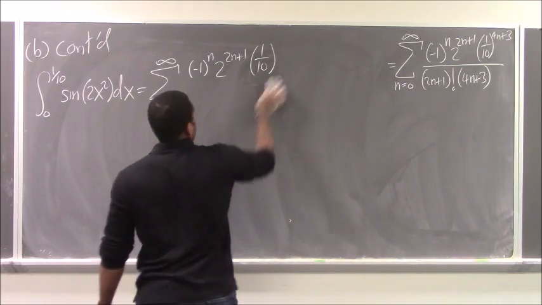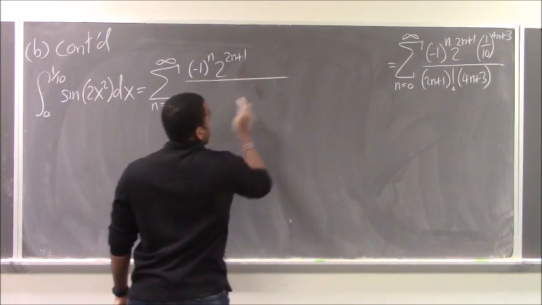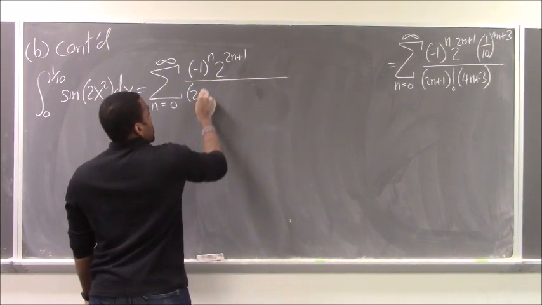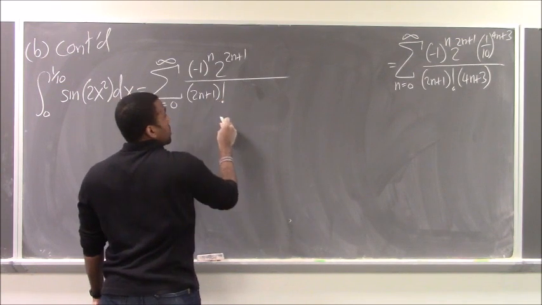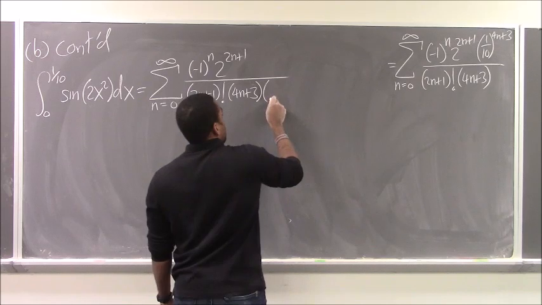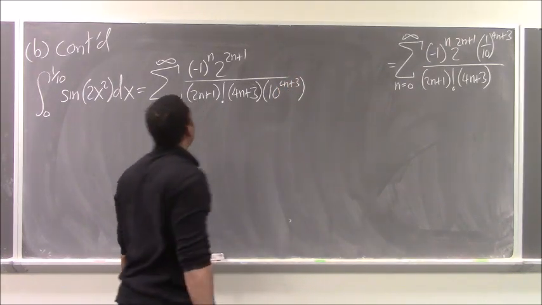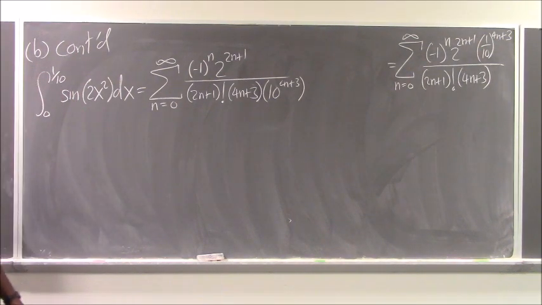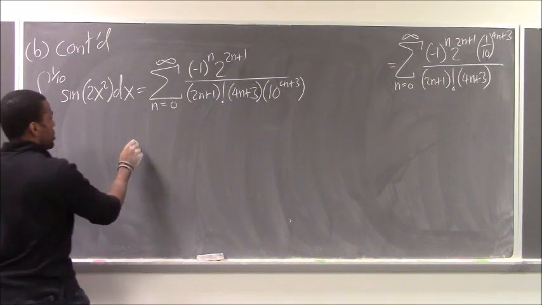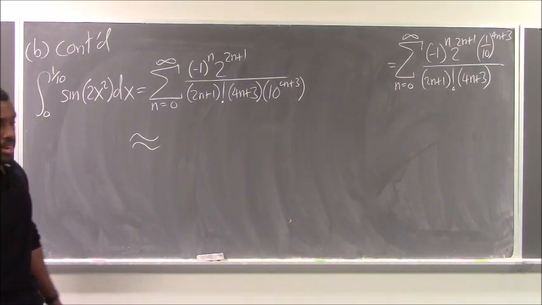I can even write this another way, move this over: 2n plus 1 factorial times 4n plus 3 times 10 raised to the 4n plus 3. We have that.